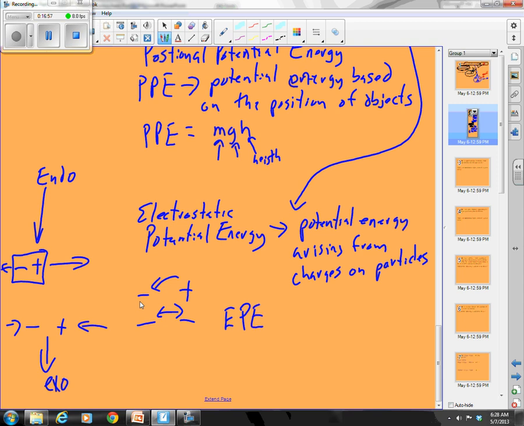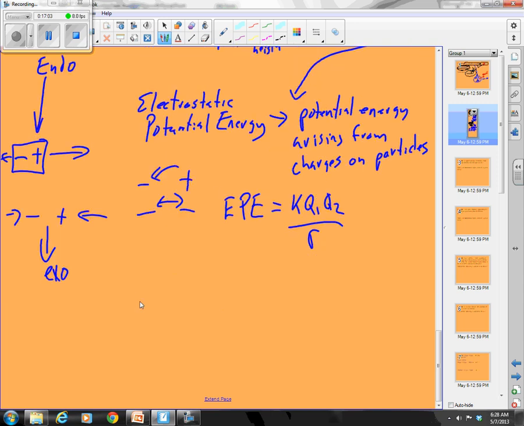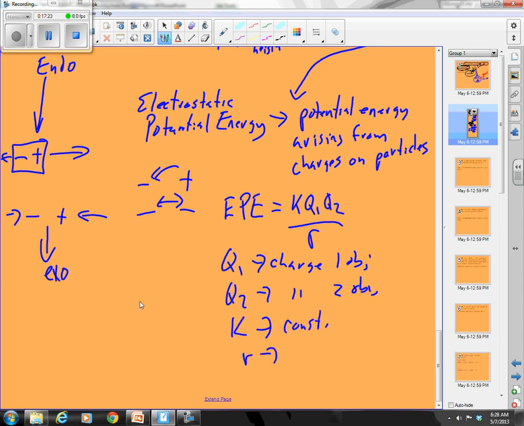Electrostatic potential energy is equal to K Q1 Q2 over R. Q1 is the charge on one object. Q2 is the charge on the second object. K is a constant. And R is the distance between my objects.